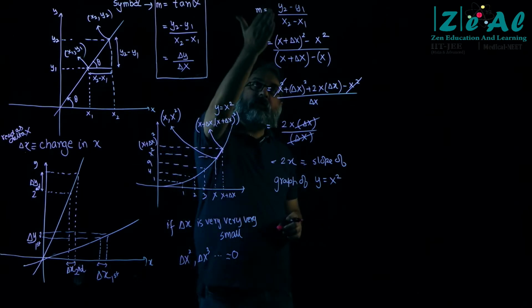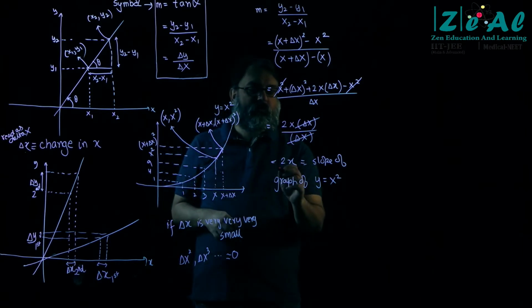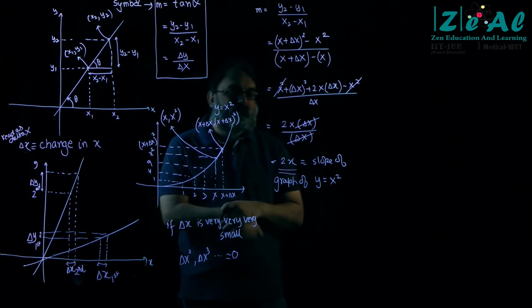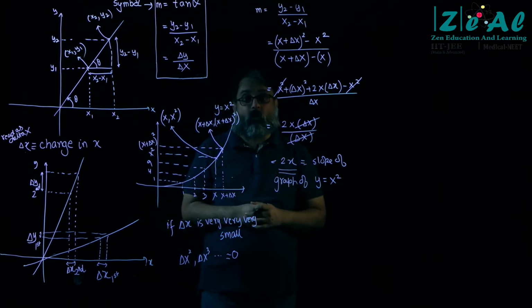And this is telling me the slope of the curve. You will notice that the slope of the curve contains the x coordinate.